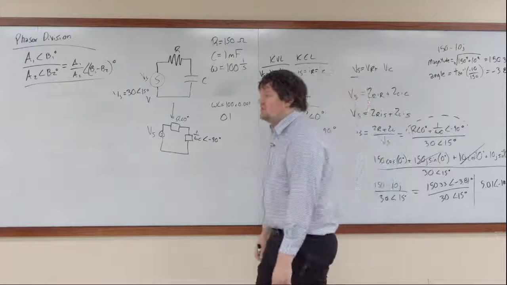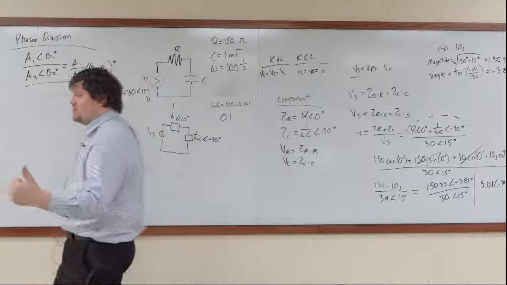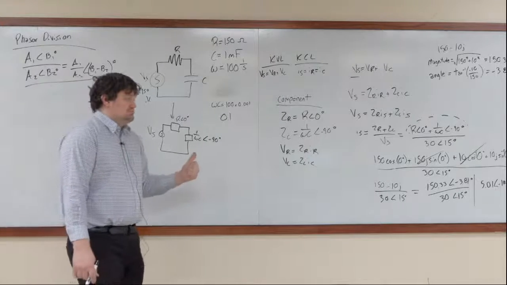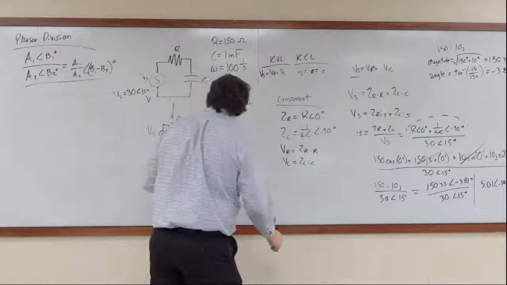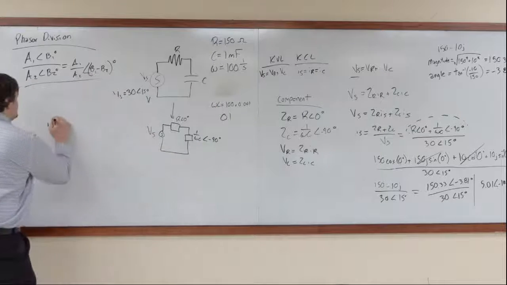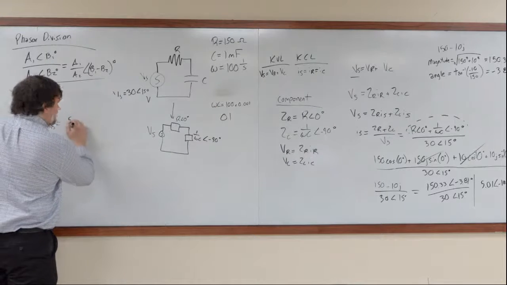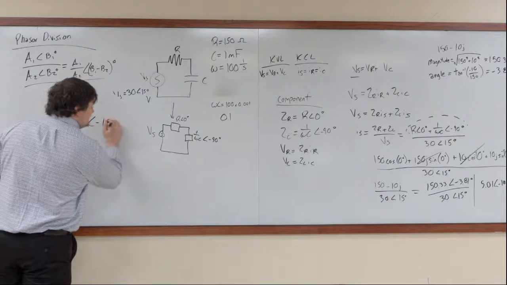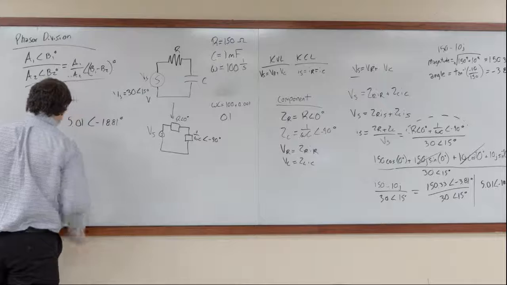Now, there's two things we can pull out of this. Number one, what is the maximum value of IS? IS is equal to 5.01 at an angle of negative 18.81 degrees.